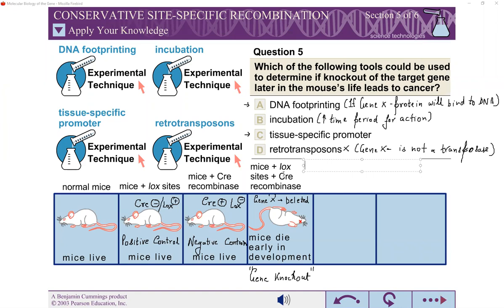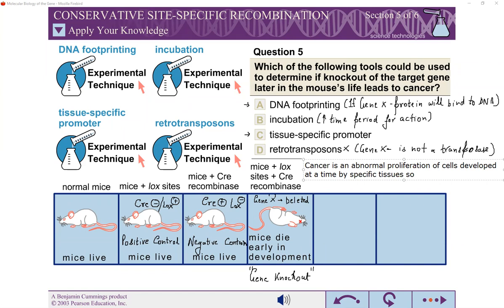Now see this. Cancer is an abnormal proliferation of cells developed by specific tissues.